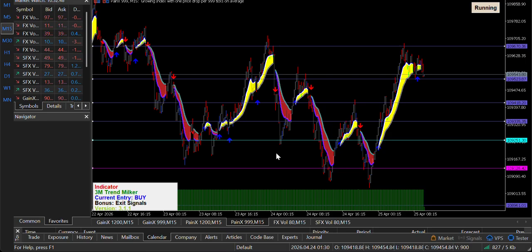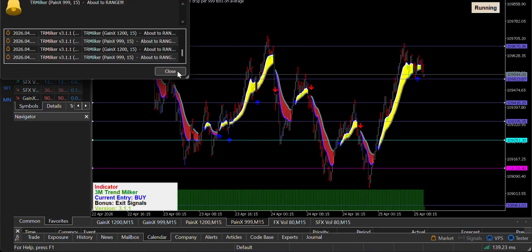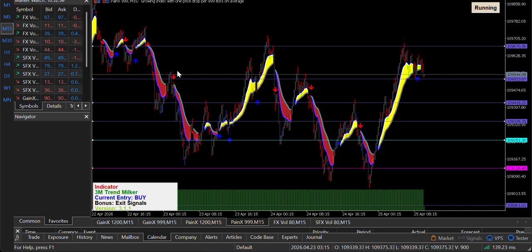And of course, this also lets us know that the resistance zone or the support zone are the places where we usually have a switch in the direction of trend. That is, either it is switching from uptrend into a downtrend or downtrend into an uptrend.